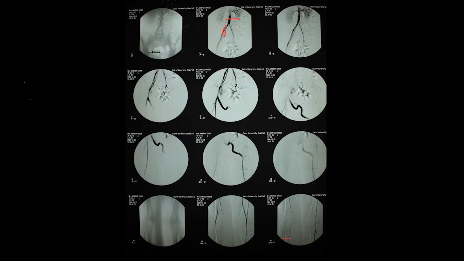Go on with the second row. Here, let's come to the second. Okay, this one is the common femoral, and this is the SFA. This is a profunda, and this is a FA.